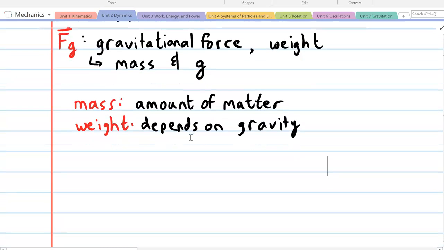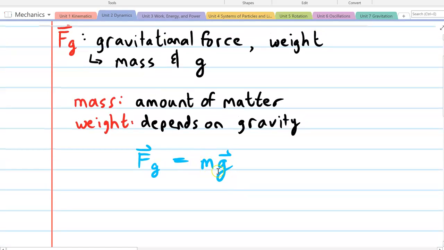Now, the way I like to notate weight or the gravitational force is with an equation. The weight, or I'll write it as the gravitational force, is equal to the mass times the gravitational constant. On Earth, I'll say it again, it's 9.81 meters per second squared. The way I notate it on a free body diagram is like this.